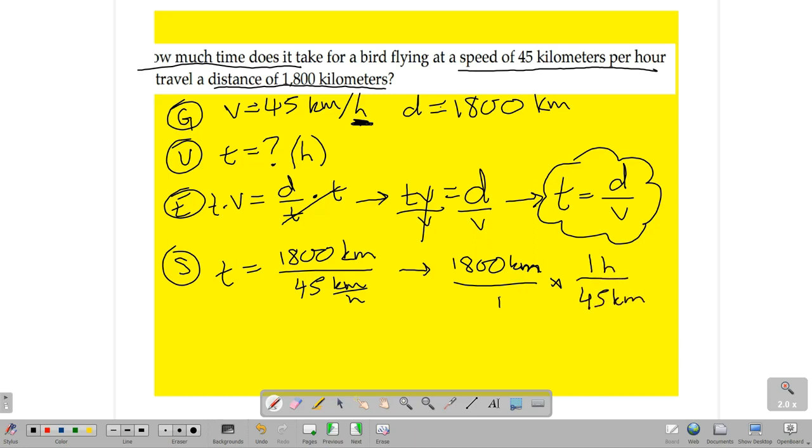So all I did is I flipped this right here. I'm still dividing by 45, but now it's going to help me cancel out my units, and you can see that we'll just be left with hours. So go ahead and do 1,800 divided by 45, and this should come out to be time is equal to 40 hours.